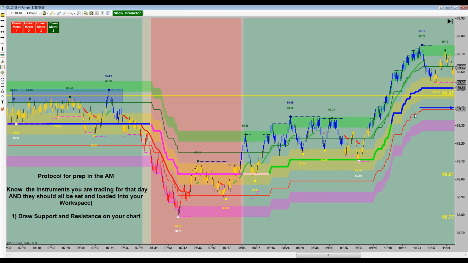Now, it's not too ironic that this line is sitting under where? Where is this line sitting in relation to this? Sitting, I don't know, 4 ticks under the mid-band.